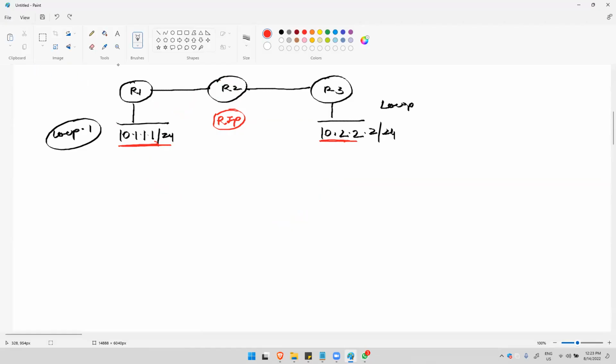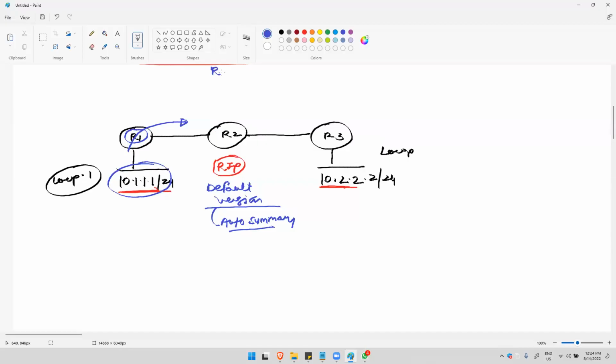Okay, no worry. If you say possible, I will show you something. Now verify. If you are running RIP default version, it uses the auto summary concept. So whenever R1 shares updates, R2 installs the route inside the routing table.